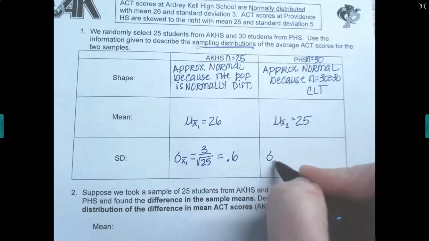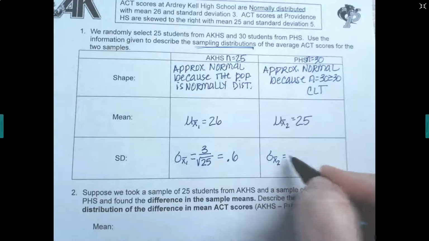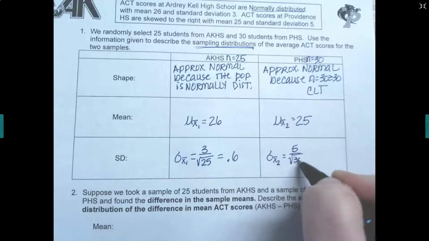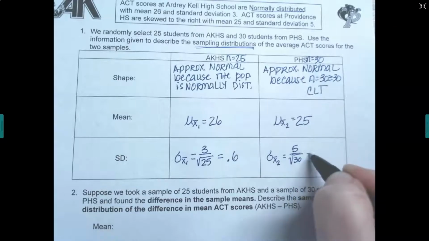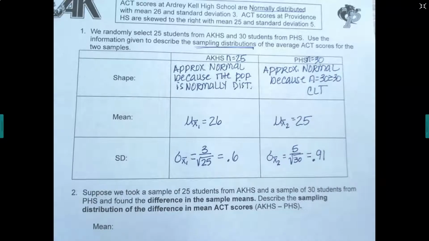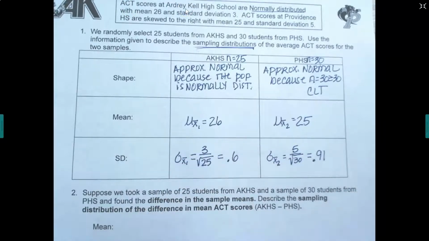To find the standard deviation of the sampling distribution for Providence, they had a standard deviation of 5 divided by the square root of their sample size, which was 30, and I got their standard deviation to be 0.91. All right. So this is if we just looked at them independently.